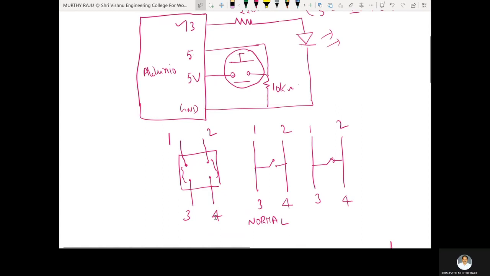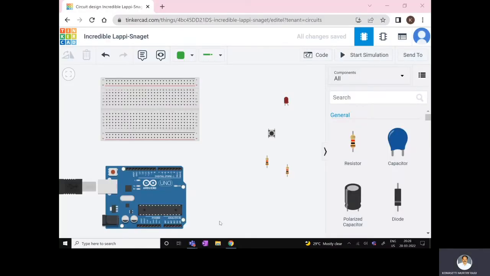Here the fourth leg of the push button is connected to the 5th pin of Arduino, and the 10 kilo ohm resistance is placed between the fourth leg and ground. That fourth leg is also connected to the 5th Arduino pin. These are the connections we have to make here.